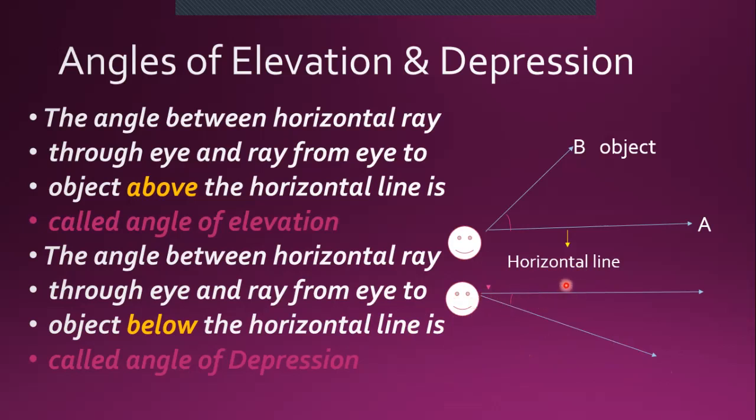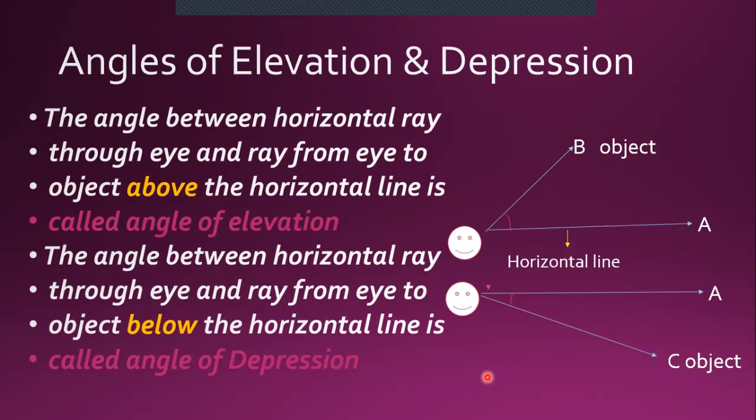The horizontal line through eye, and the ray from eye to now object is below. Now here C is the point at which the object is, and you can see that the C point is below the horizontal line. So in this way, these are two angles of elevation and depression, and I have quoted the examples as well.